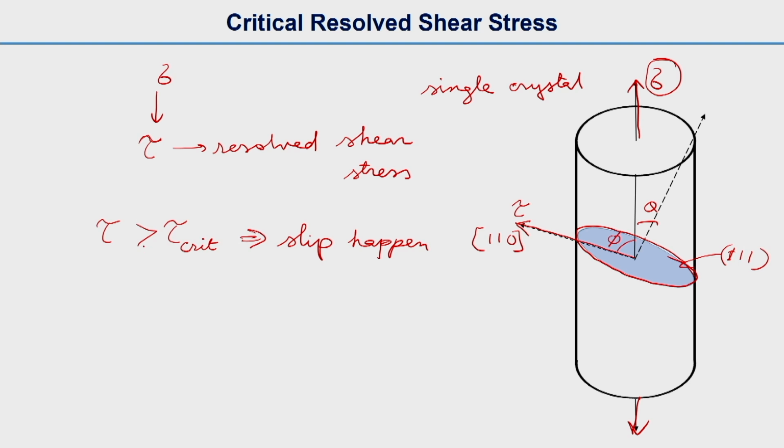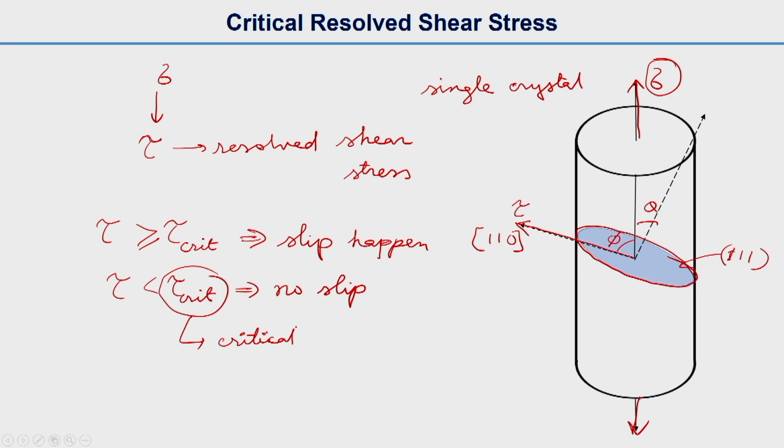Below tau critical, there is no slip. That is why tau critical is called the critical resolved shear stress, which is a material property.